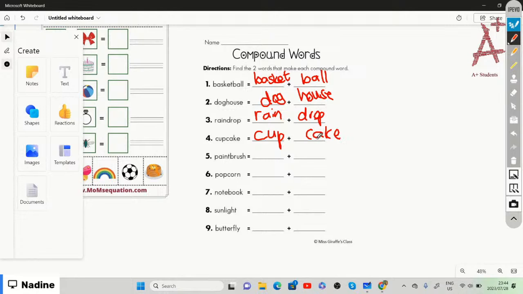Then we have paintbrush. We need to take out the paintbrush and paint the house. But now, if we were to find the two words that make up the compound word that is given, then we can say it is paint plus brush.